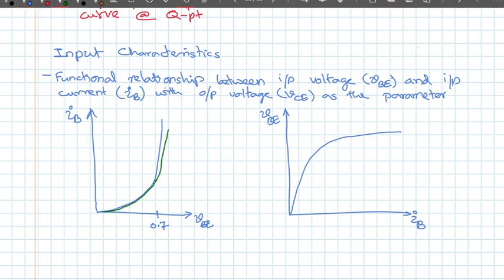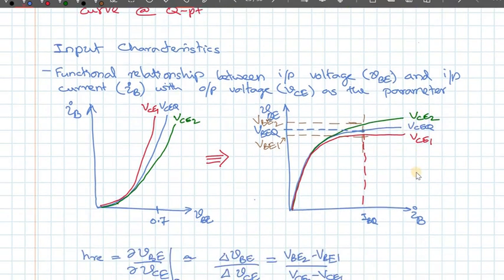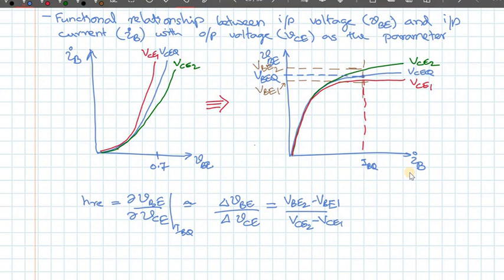Let's say if I had something like this and something like this for different VCE values, and I'm going to draw the same thing by changing my axis, so that for my x-axis I use IB, and for my y-axis I use VBE, so that what I have is something like this.